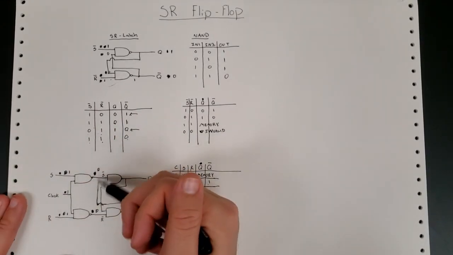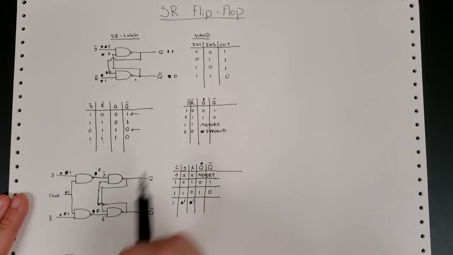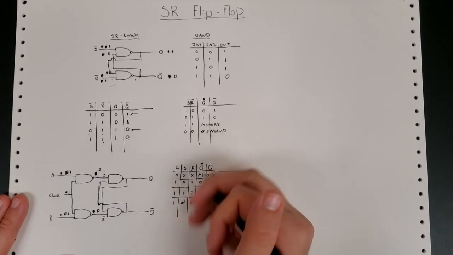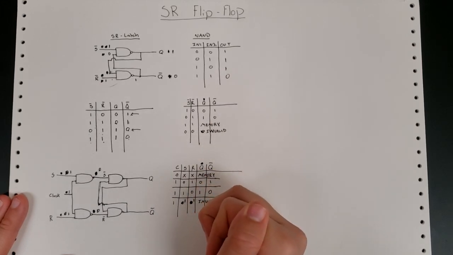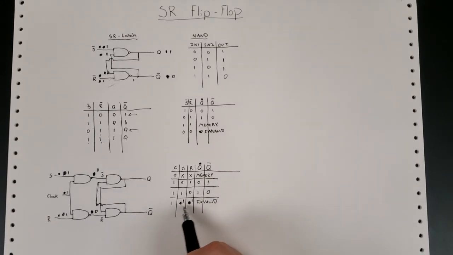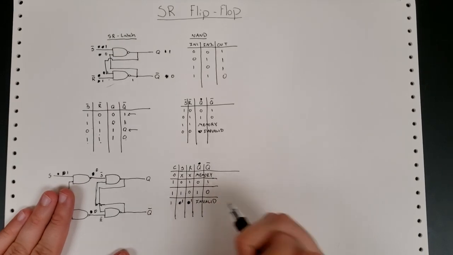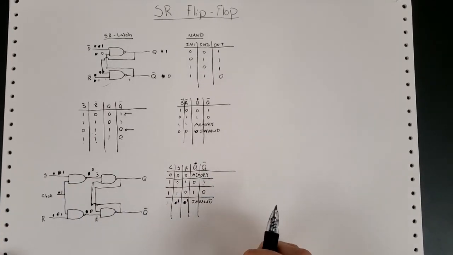Right. And if S complement is 0 and R complement is 0, then what we get is this invalid case. So we'll never have the clock on and be pressing both of these at the same time, basically. It's not a case that we care for. It doesn't achieve anything that we're looking to do.